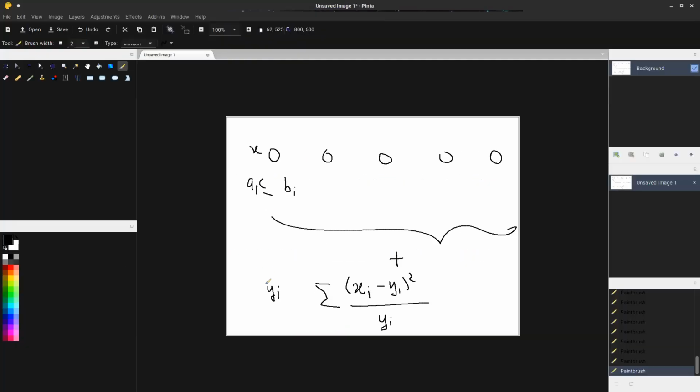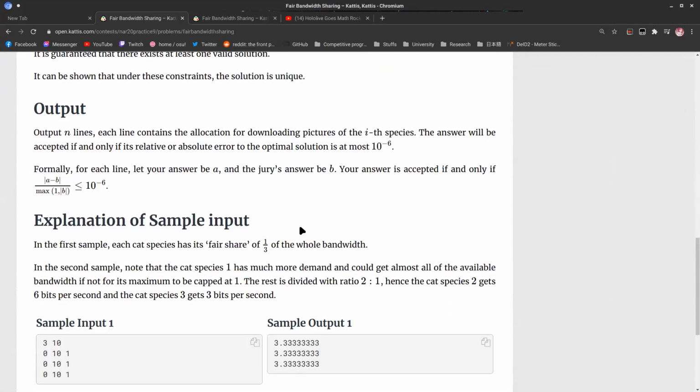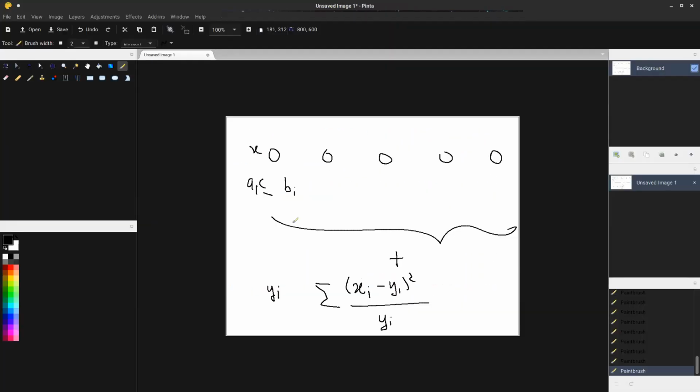Is Yi given or do you choose? Yi is given. You can calculate Yi from the statement. Okay, so you're given Ai, Bi, Yi, and you're trying to construct Xi such that the bounds hold for each, the sum is fixed, and you want to minimize this. Yes.